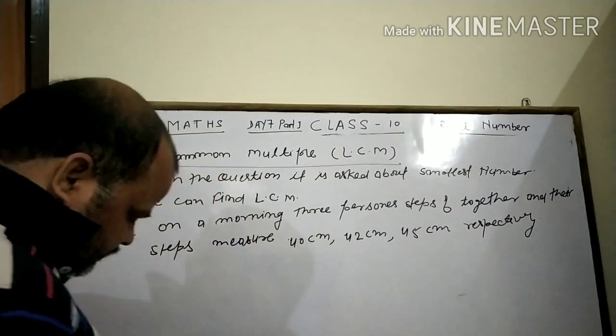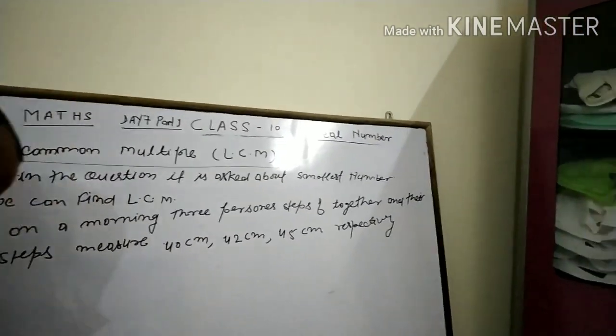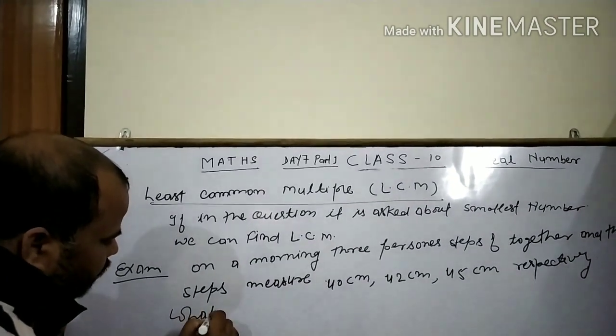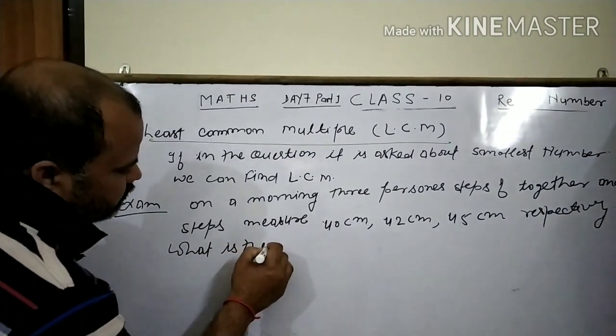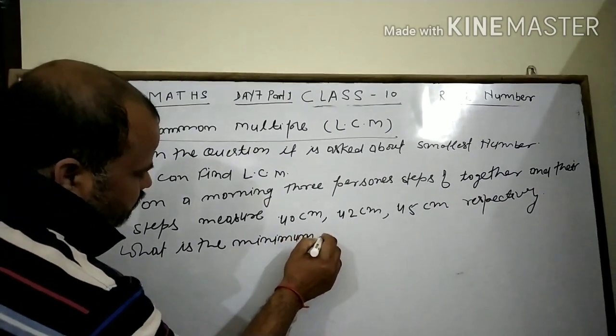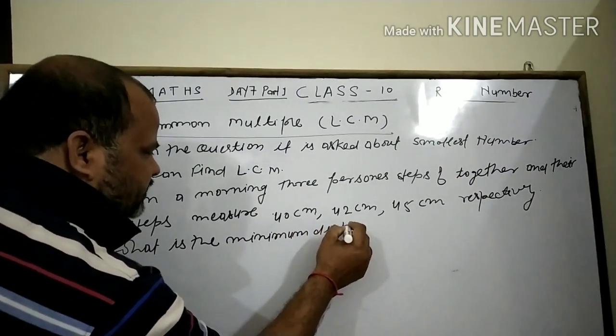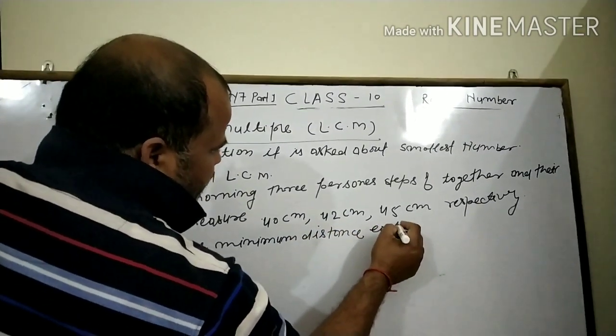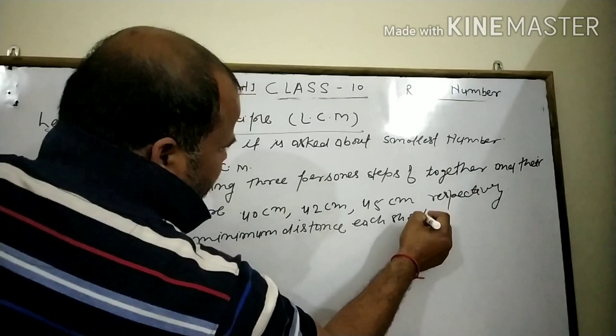What is the minimum distance each should walk?